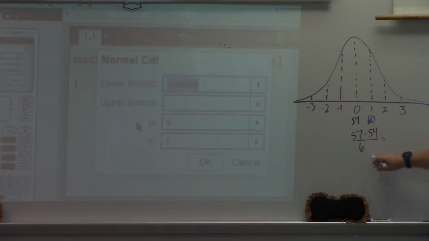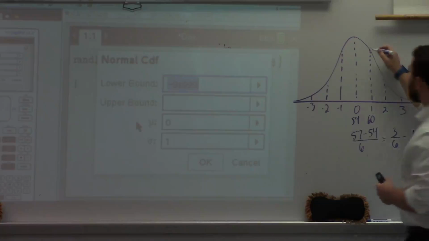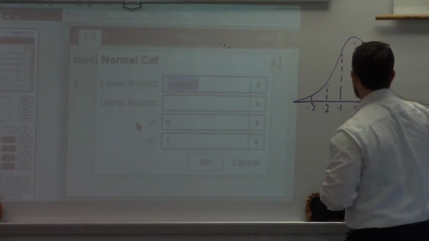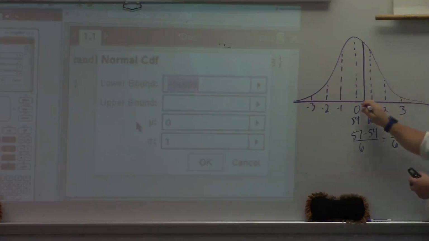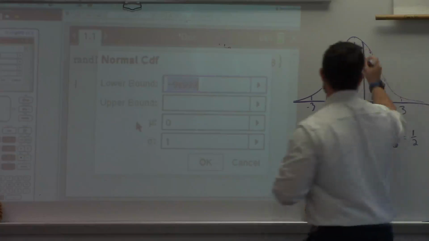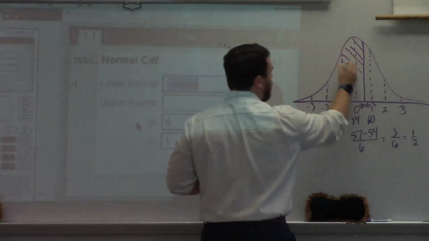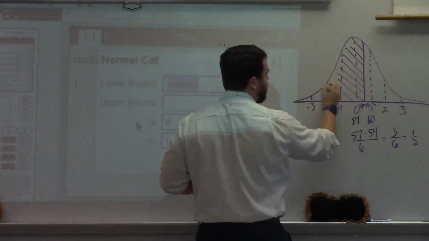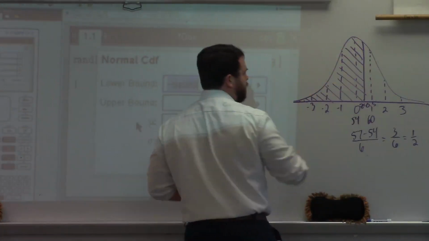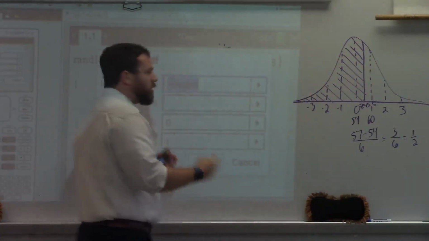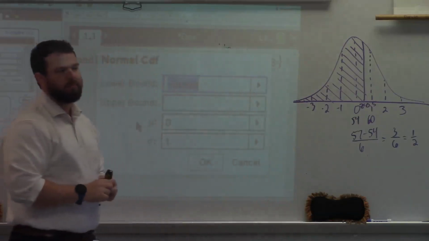So 6 is my standard deviation. 3 divided by 6 is 1/2. Okay. So remember, this is one standard deviation, or a z-score of 1, a z-score of 2, a z-score of 3. So I went right here. And then which direction did I shade? To the left, right? We wanted everything below that 0.5. Okay? So what is the lower bound of that shading?